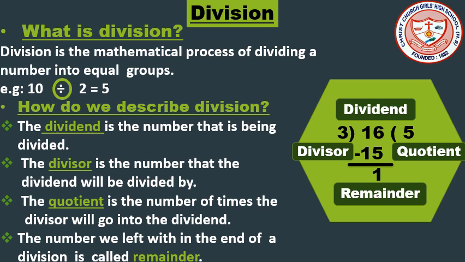So girls, here the quotient is what? Yes, the quotient is 5 because we know 3 can go 5 times into 16. Clear?